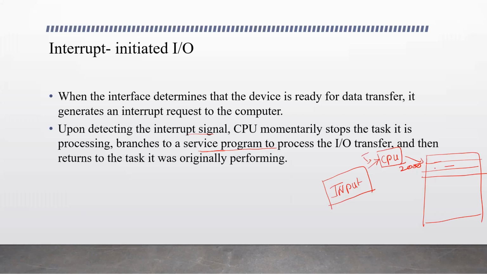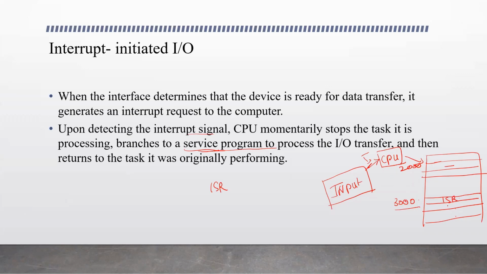So the CPU stops executing this and branches to this particular location where the interrupt service routine is. In memory, we will have the interrupt service routine loaded in some other location, let's say starting at address 3000. So the control will go to this location to execute these instructions.